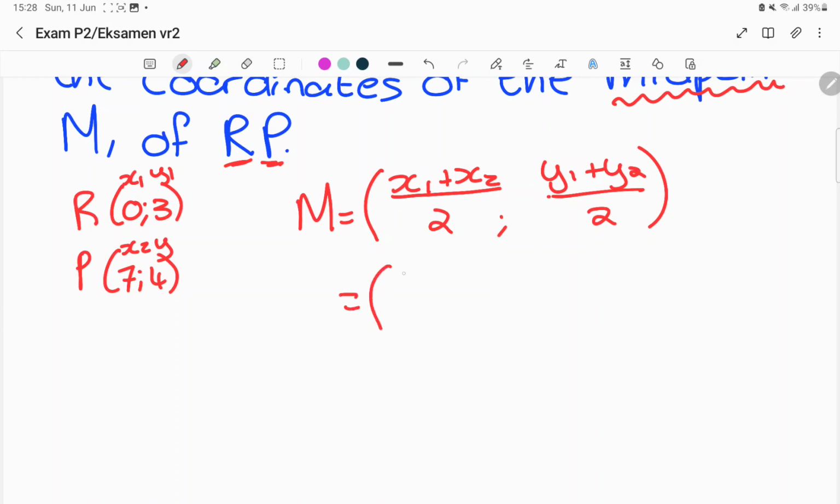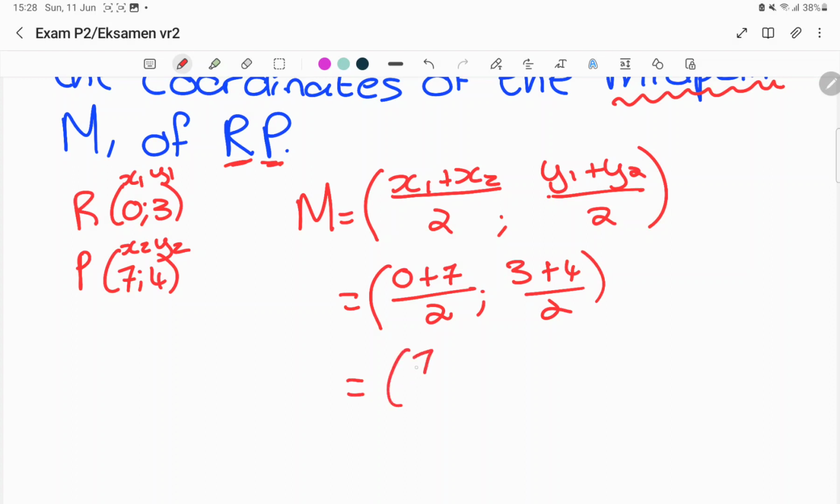So I will have x1, which is 0, plus x2, which is 7, divided by 2. And then y1, which is 3, plus y2, which is 4. And if I get that, it gives me 7 over 2, 7 over 2. Alright, this one is also quite easy.